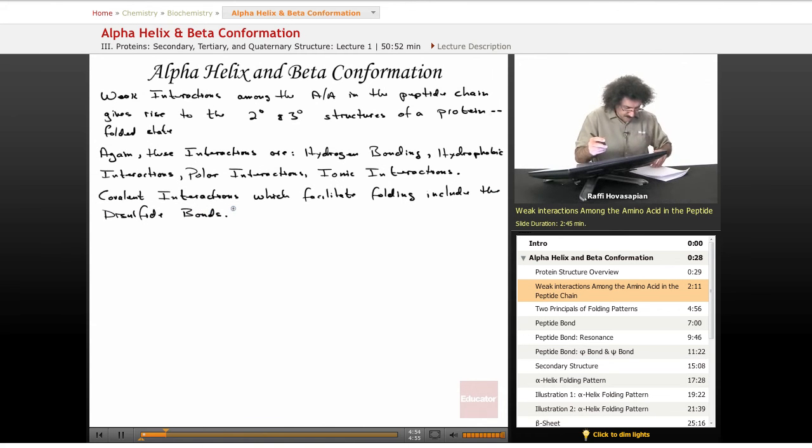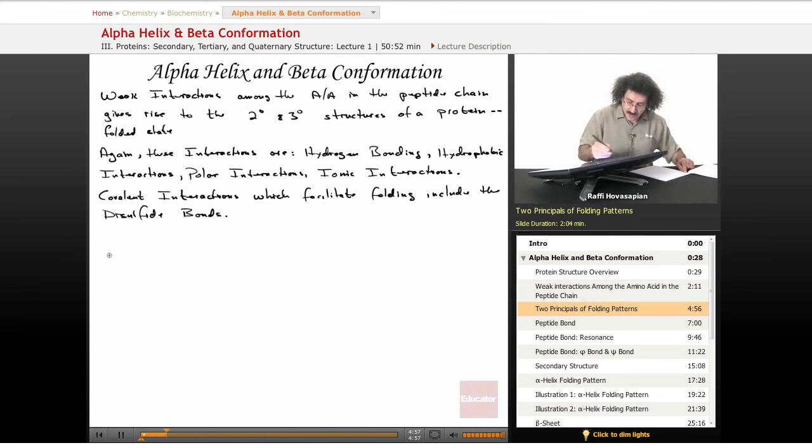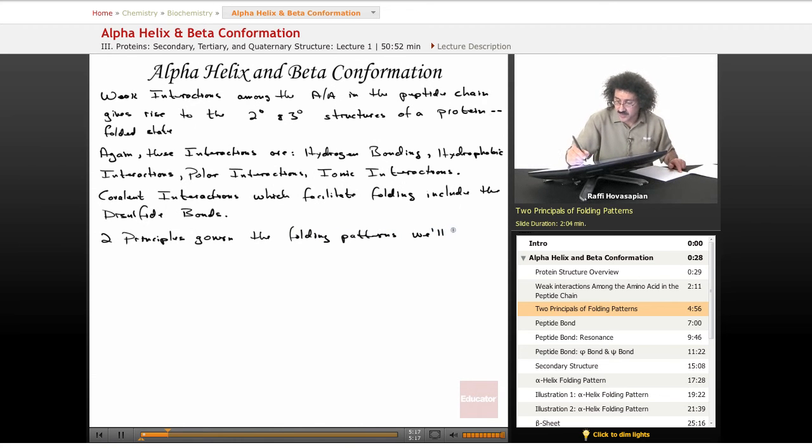Okay. Now, two principles govern the folding patterns we'll discuss. These are the two principles that you just want to keep in the back of your head. We're not going to discuss them more than just mentioning what they are.